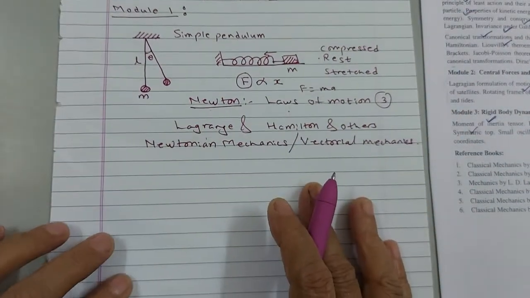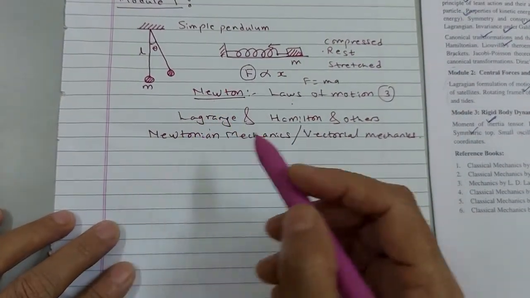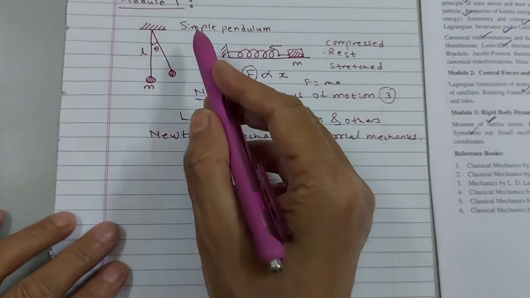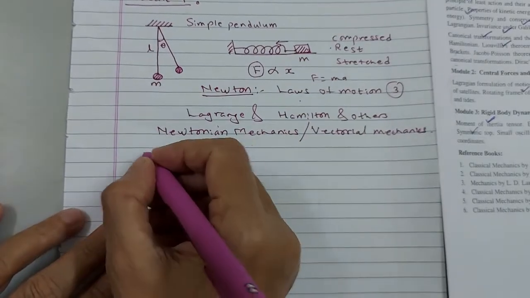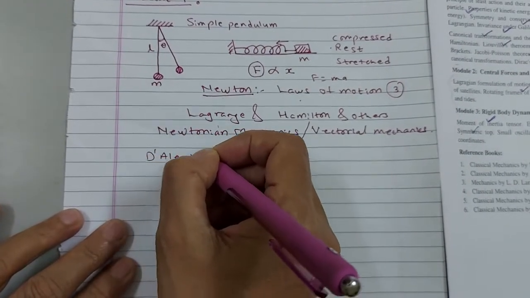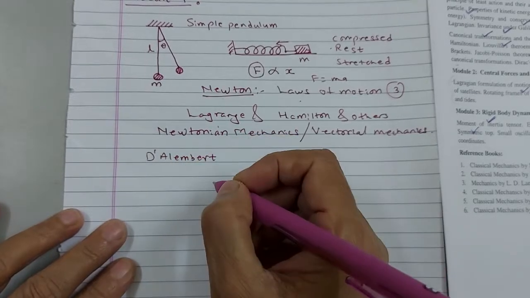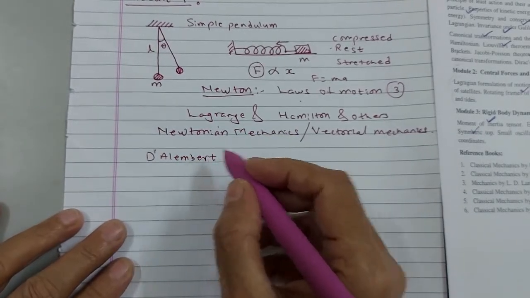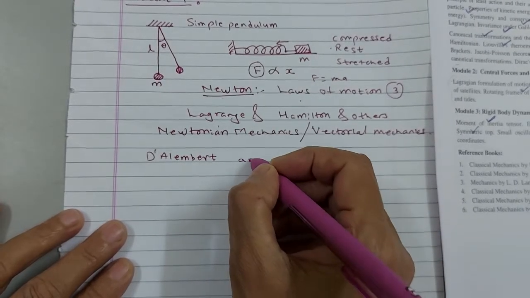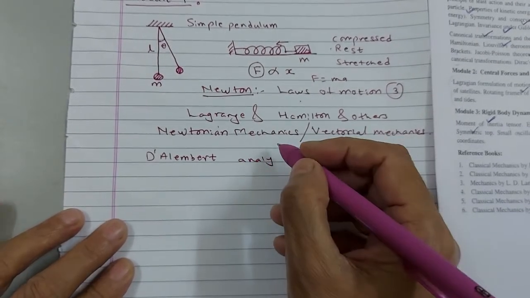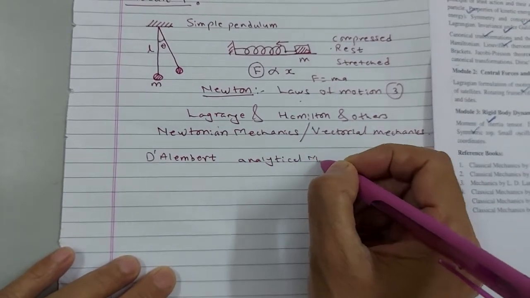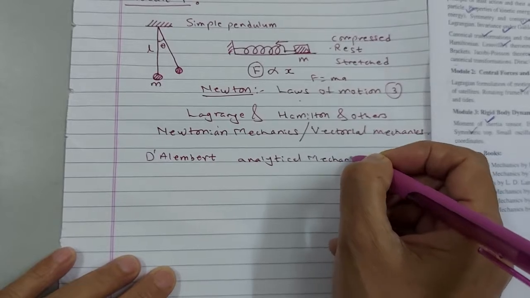Understood? Now the alternative or superior schemes in classical mechanics were developed by a few more scientists, named D'Alembert, you must have heard this name, then Lagrange, Hamilton and a few others, and they constitute analytical mechanics.